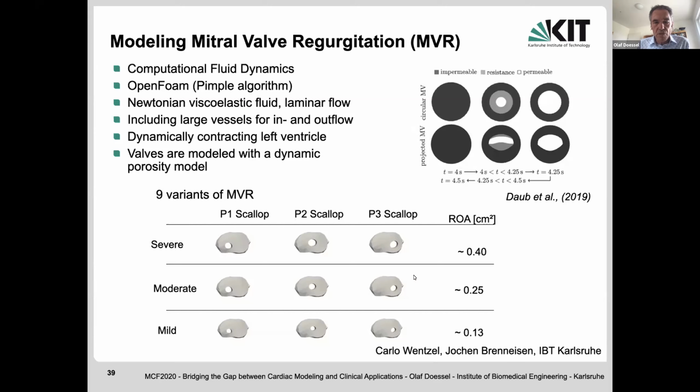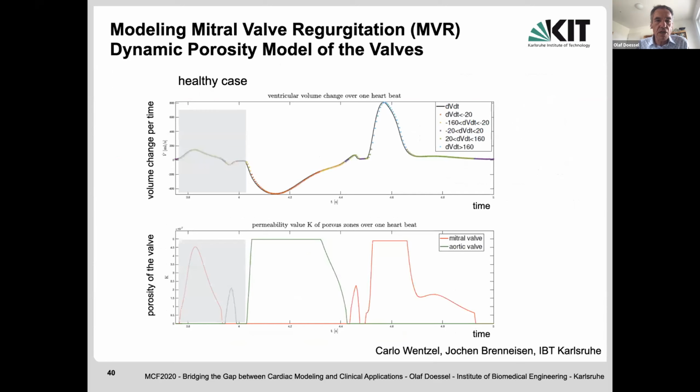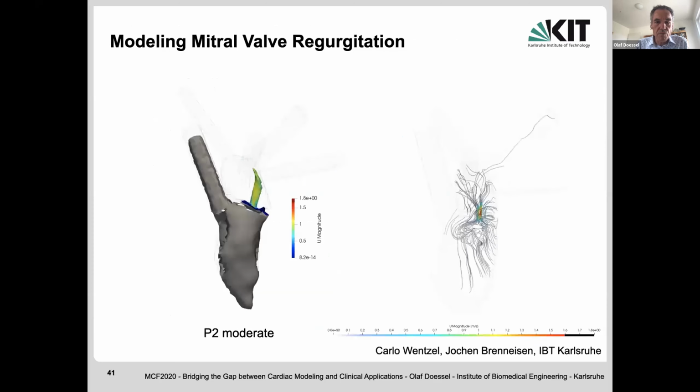And then we also investigated different variants of mitral valve regurgitation. So the size of the hole and the location can be changed, and the porosity of the valve is switched. This is the porosity of the aortic valve, and this is the porosity of the mitral valve. And these curves are motivated by the standard change of volume per time, so that these curves are replicated by our model of the valves.